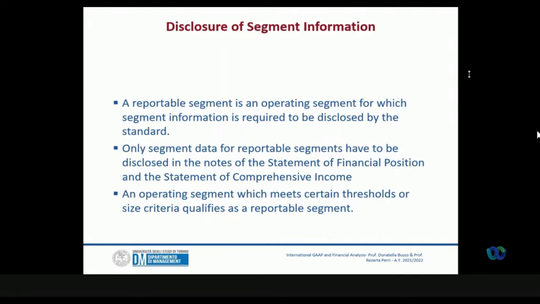Another example, except for the subsidiaries, could be, for example, an inner transaction from one operating division to the other. For example, many manufacturing companies may have various 3, 4, or 5 production divisions, and they may have only one maintenance division.